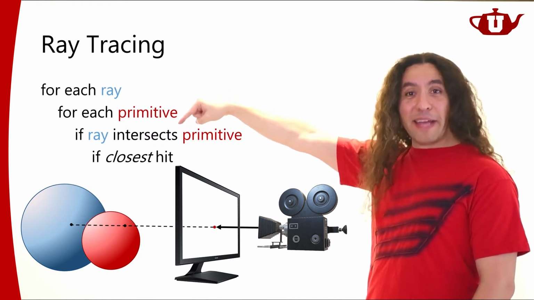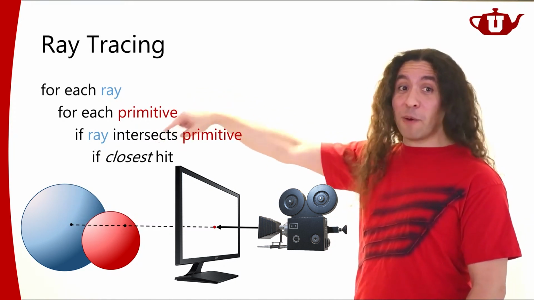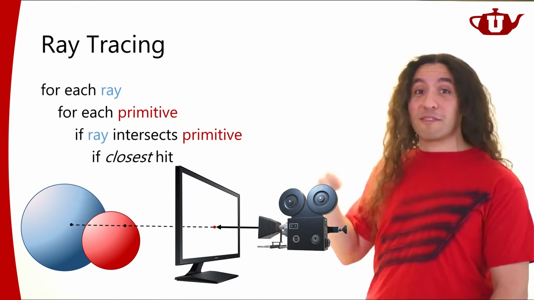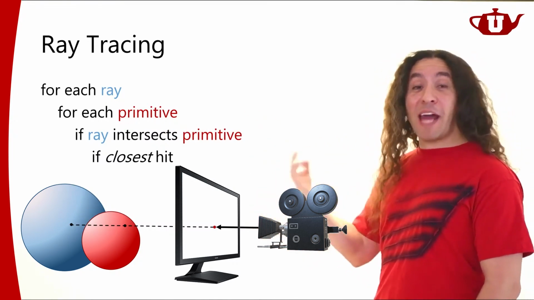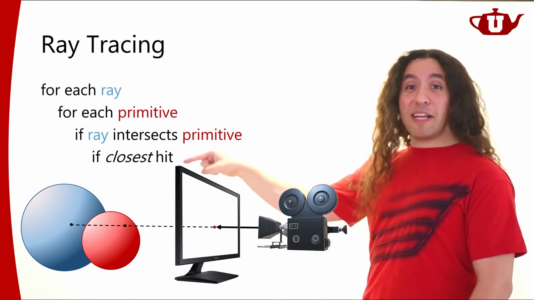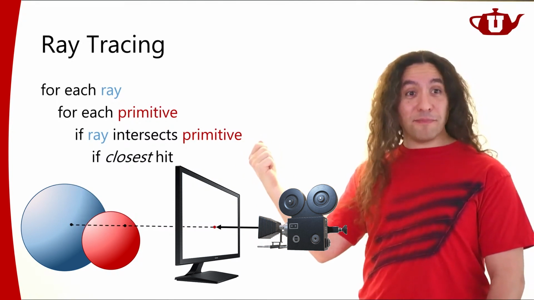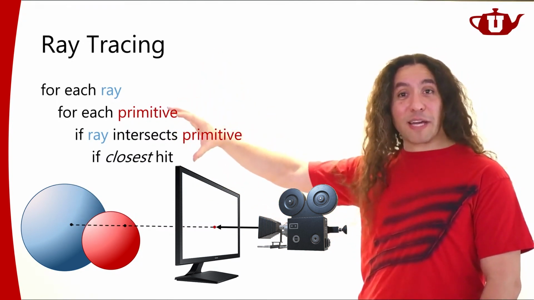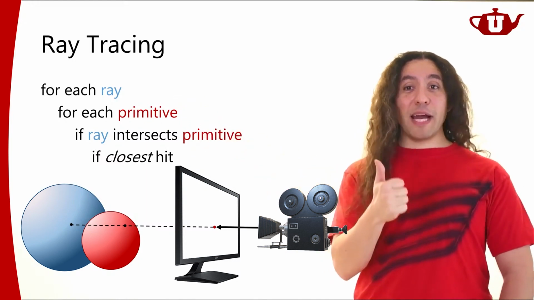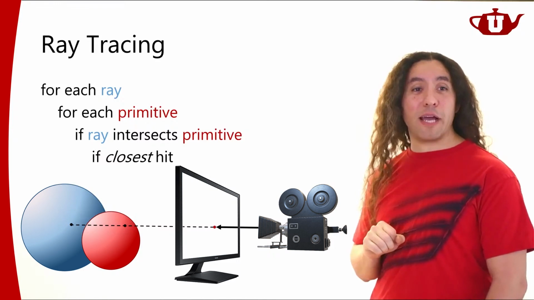And then, if the ray intersects with that primitive, I'm going to check if it is the closest hit, or if one of the earlier primitives had a closer hit. If it had a closer hit, I don't care. If it is the closest hit so far, I'm going to keep a record of this. And when I'm done looking at all of the primitives, that's when I know that I found the closest hit. And that's when I'm ready to shade.